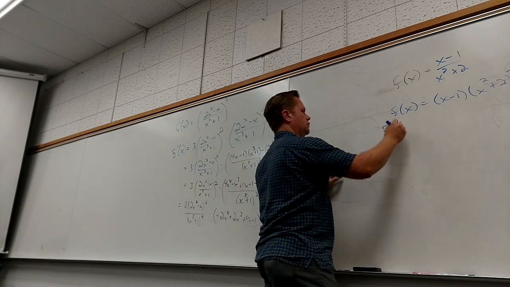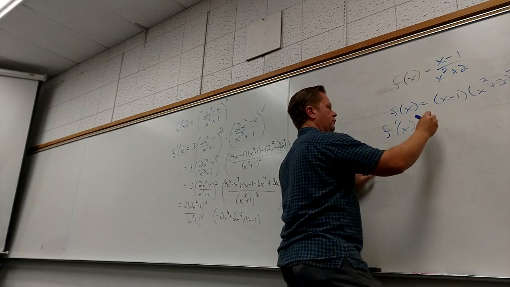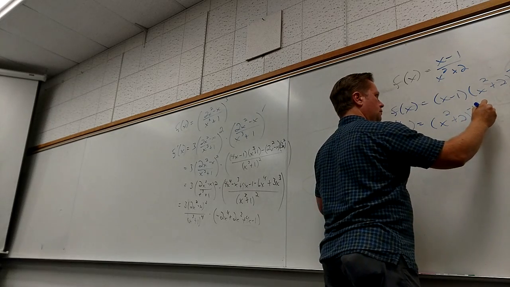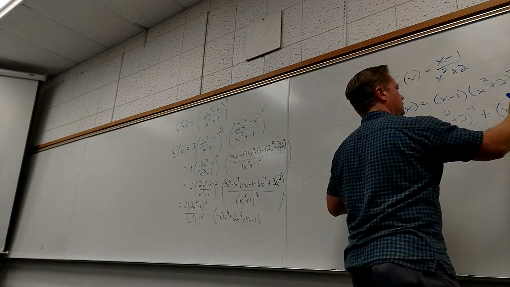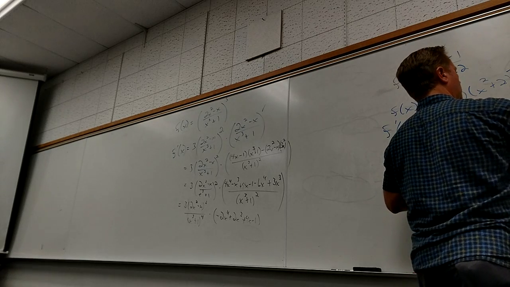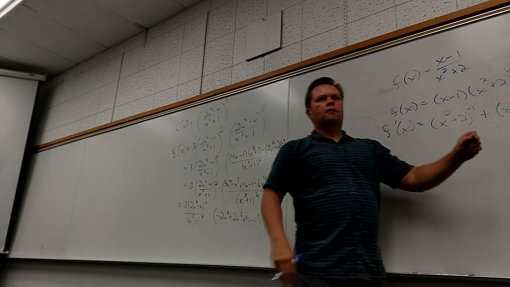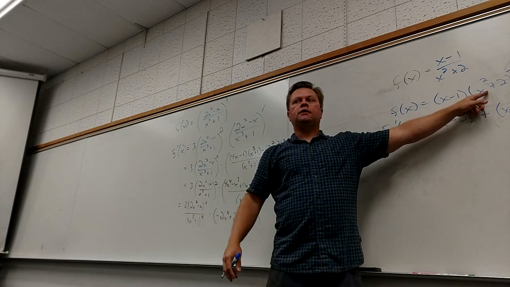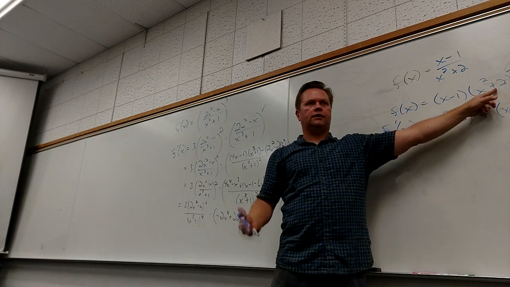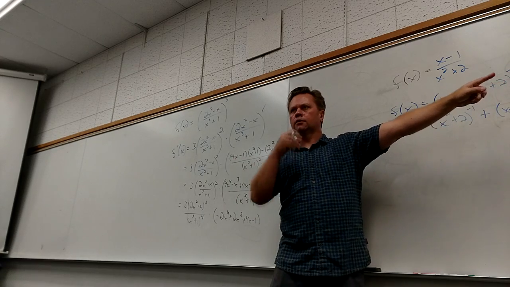So if I do this, I get derivative of this is 1 times this plus this times the derivative of this. Now real quick, remember how I told you when you're doing the derivative of the bottom piece, that's why that piece is minus, because there's a negative 1 on that piece, because it's on the bottom. Well, here it's happening.